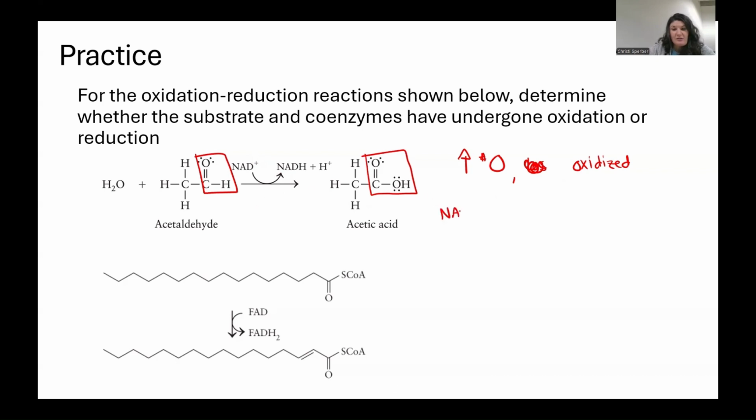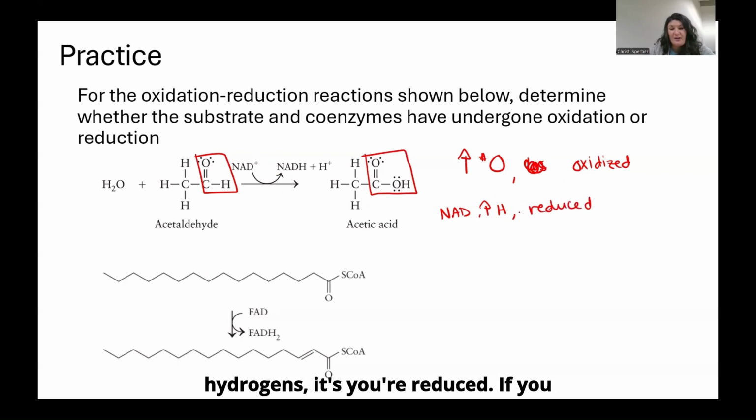NAD increases the number of hydrogens, therefore it was reduced. If you increase your number of hydrogens, you're reduced. If you increase your number of hydrogens or decrease your number of oxygens, it's reduced. If you increase your number of oxygens or decrease your number of hydrogens, it's oxidized.